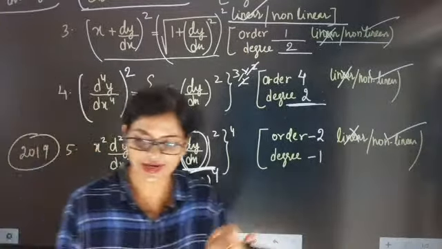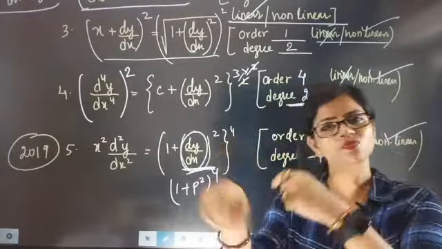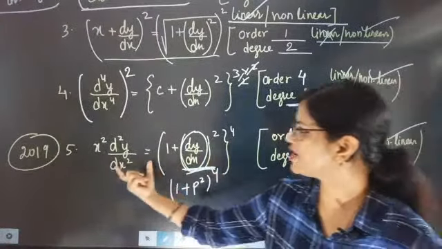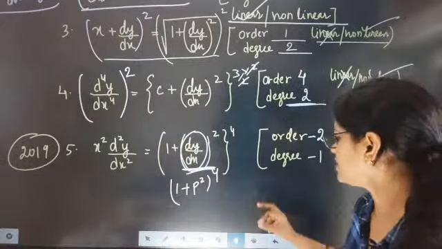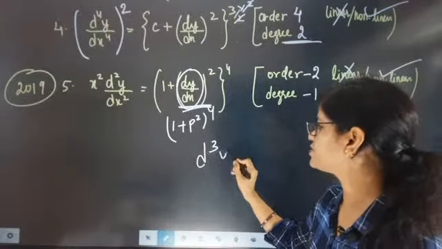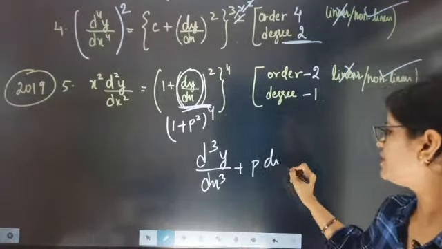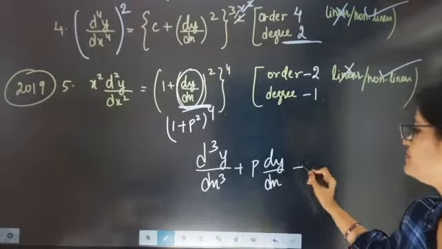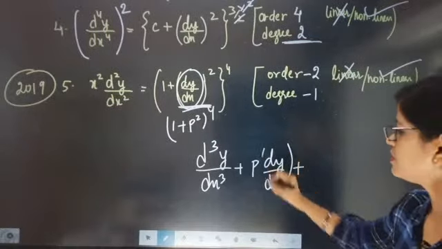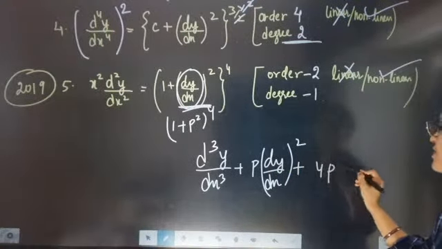So you are finding degree very nicely, order very nicely. See, where degree is more than 1, you have to check in the entire differential equation. Here I am writing d3y by dx cube plus p dy by dx plus, here whole square is there, and plus 4p equal to 0.